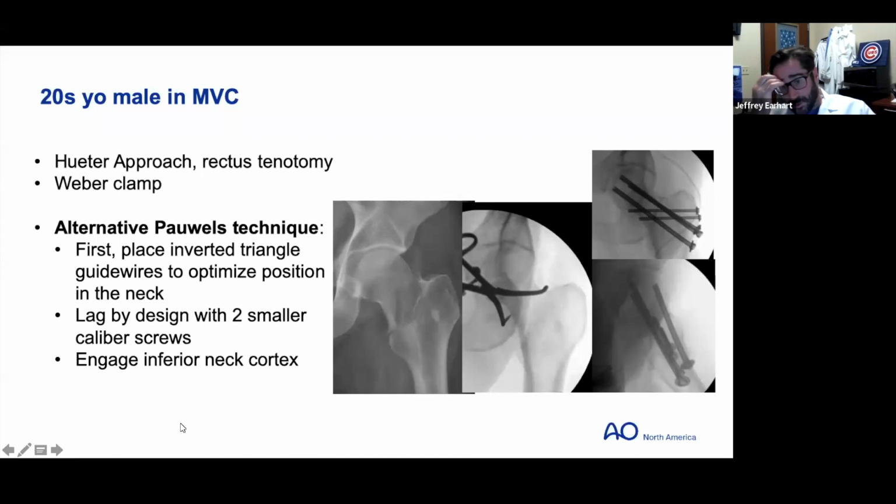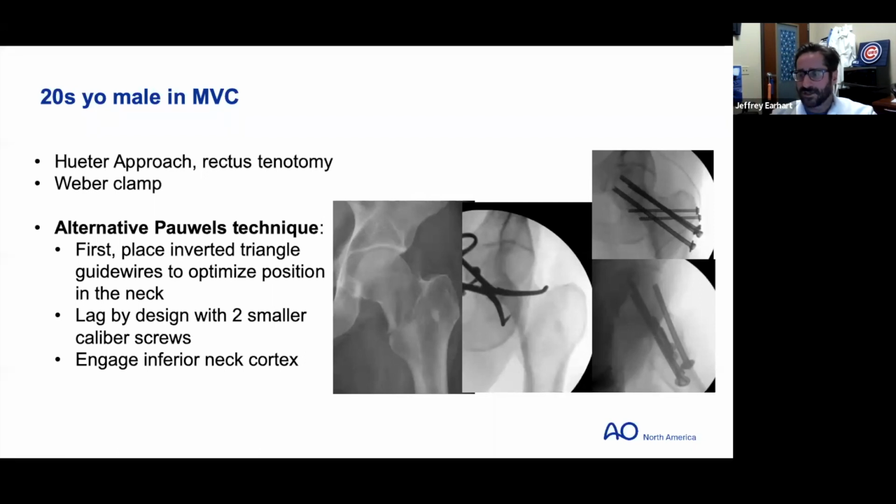Yeah, so Powell's is effective through generating intrafragmentary compression. That's how you resist shear. So there's no inherent anti-shear ability to this construct. So you really want to optimize, first, your reduction, and then you really want to generate as much compression as possible. So the classic Powell screw, which is essentially a unicortical screw going into the inferior head, perpendicular to the fracture, in young good bone, you can generate pretty good compression that way.